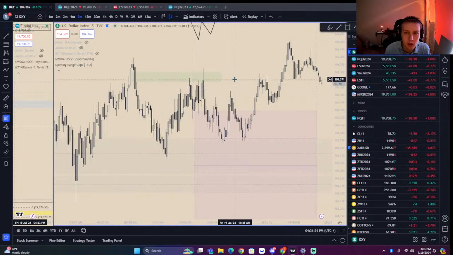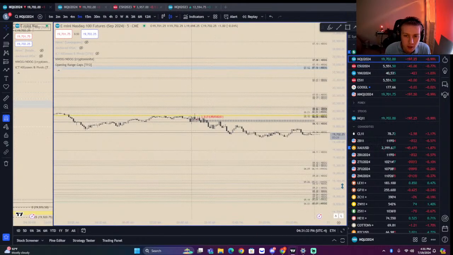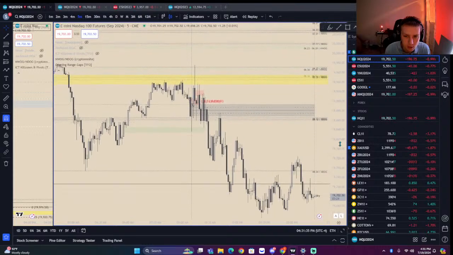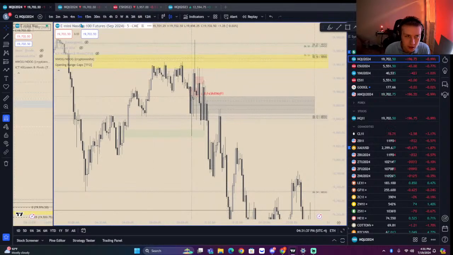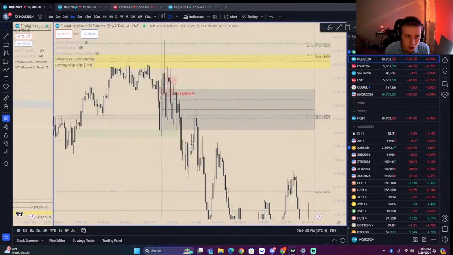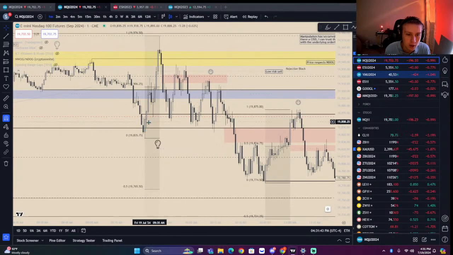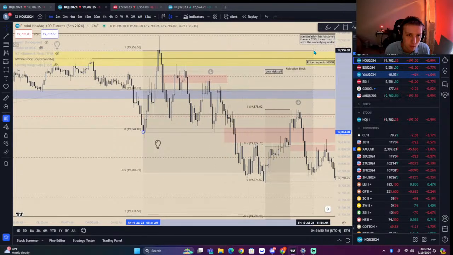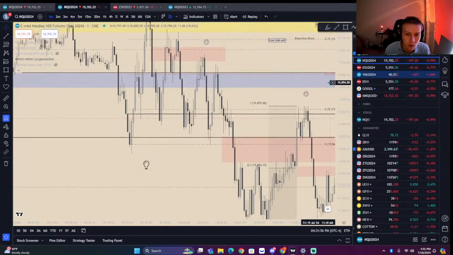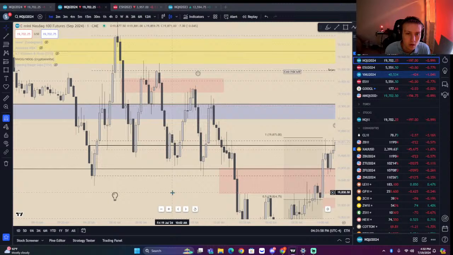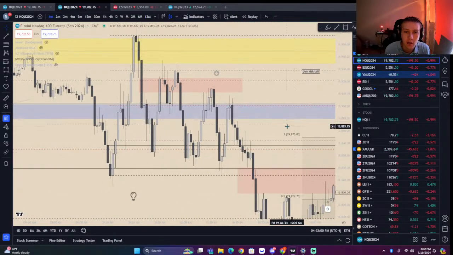Definitely divergence there. I'm not going to use it in this analysis. I don't think it's necessary. Notice how here we're consolidating. There's kind of a lot on this chart.